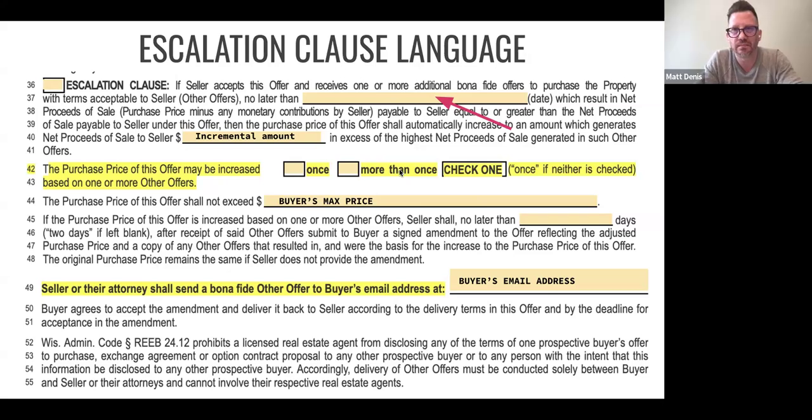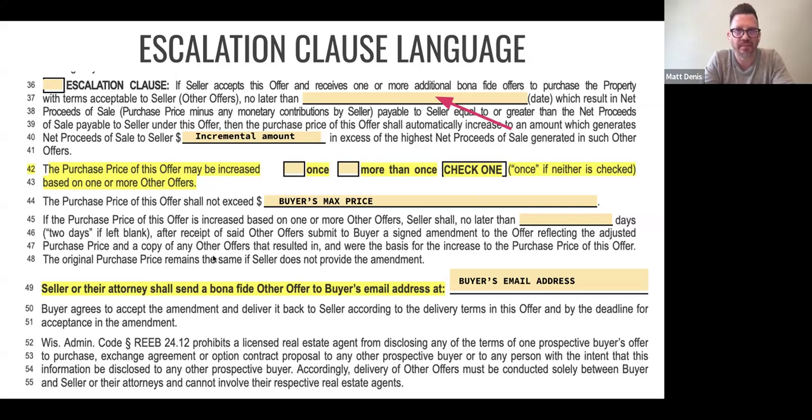So the seller doesn't have to provide evidence of the bumpable offer. They don't have to send that prior to this offer getting accepted. They don't have to prove that ahead of time.